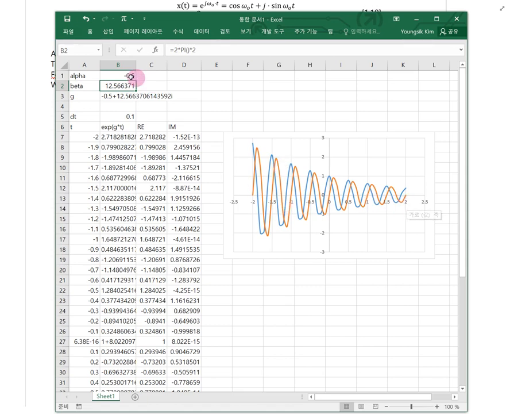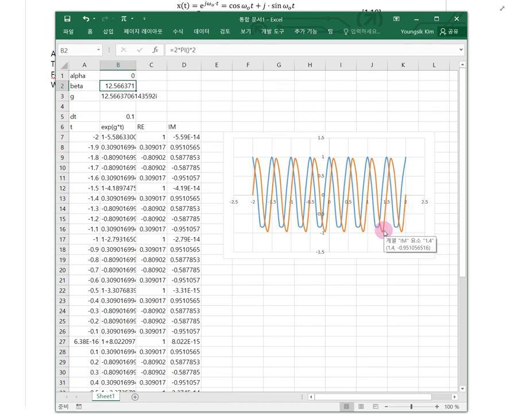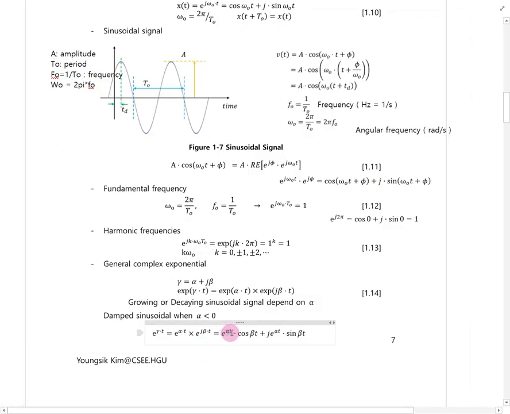If alpha is 0, it's a sinusoidal one, as we expected in the Euler equations. So beta controls the frequency, and alpha controls the amplitude. If alpha equals 0, then this term goes to 1.